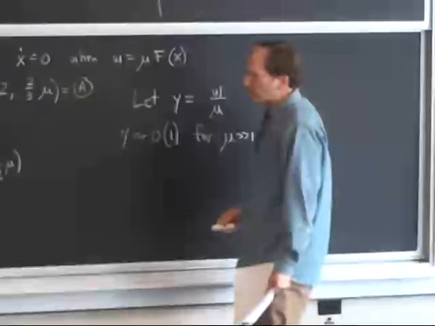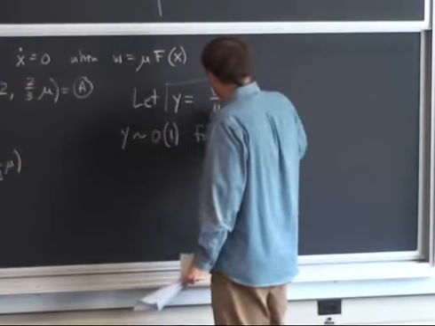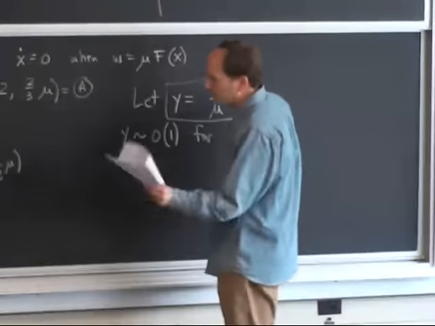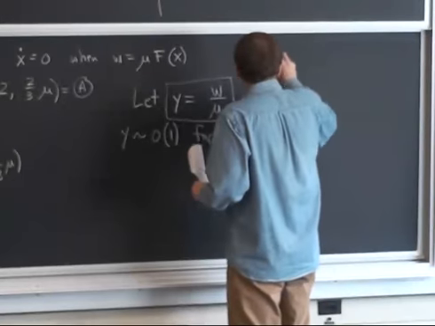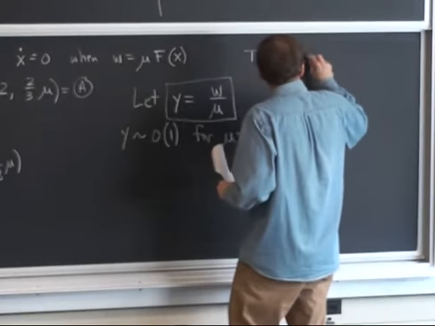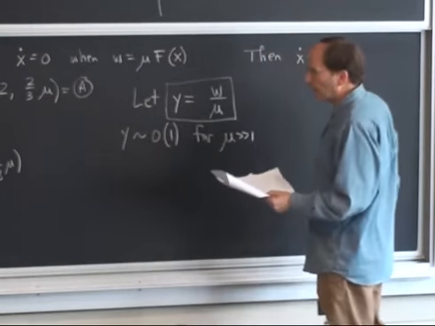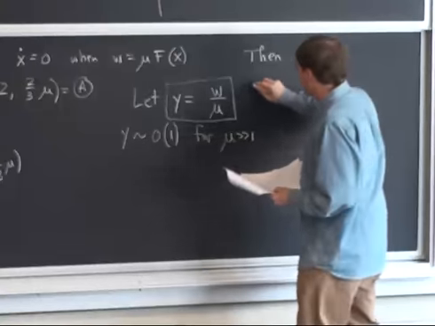Okay, so in terms of this definition of y, let's rewrite the system. Now it becomes x dot would be, we can factor out mu because w is mu y.